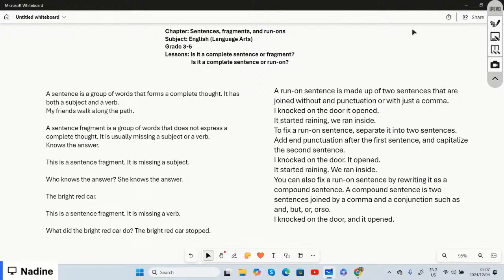And the lessons that we are going to be focusing on under the chapter are: is it a complete sentence or fragment? And is it a complete sentence or run-on?